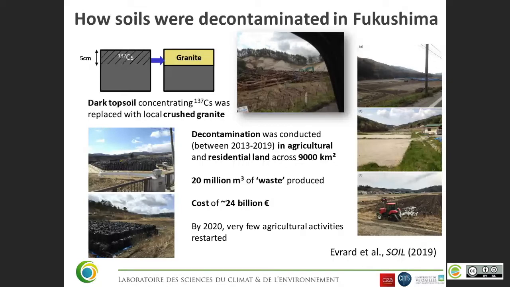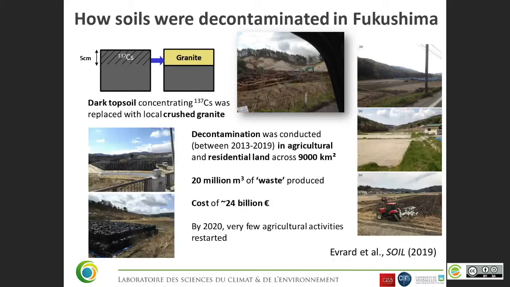So they opened quarries, where the background is granite, extracted it, crushed the granite and put it instead of this topsoil layer. You can imagine that as an agronomist, putting crushed granite on fertile soil is maybe not the best agricultural decision. But definitely this was done.